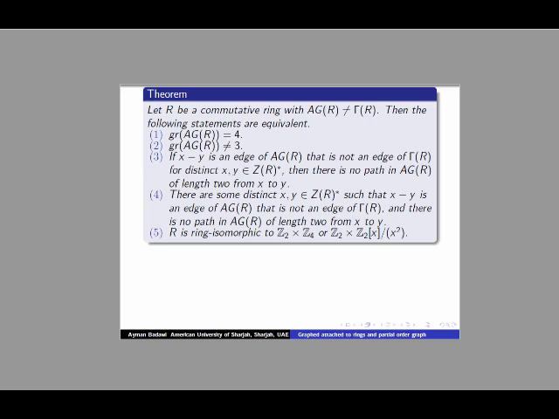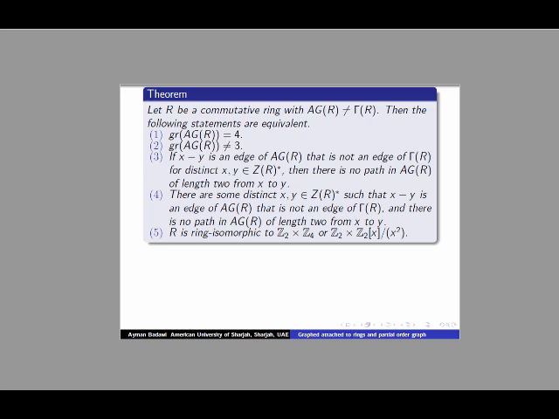If you tell me the girth of the annihilatory graph is equal to 4, this is exactly telling me that the girth is not equal to 3. Look at 1 and 2.